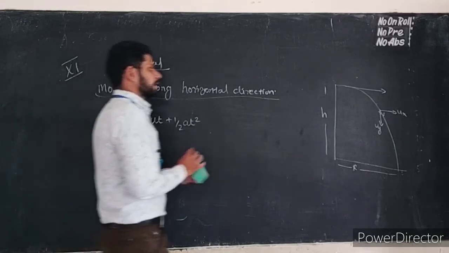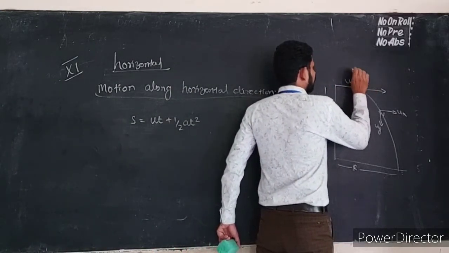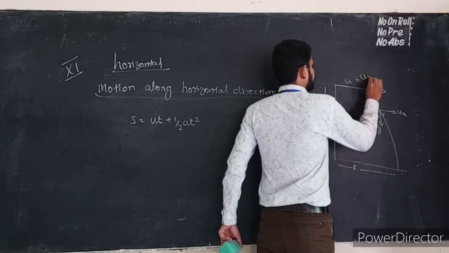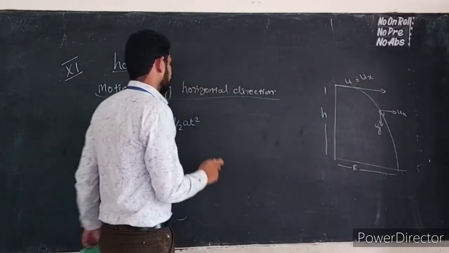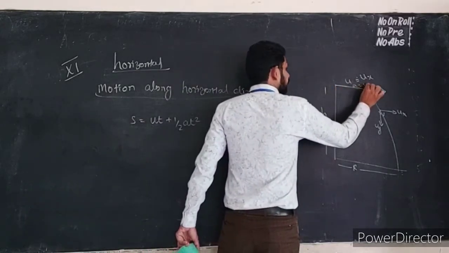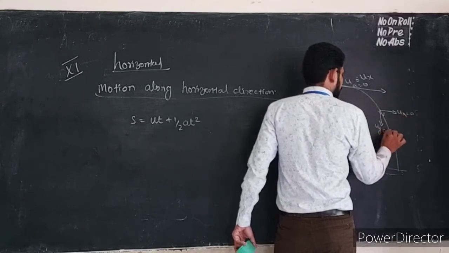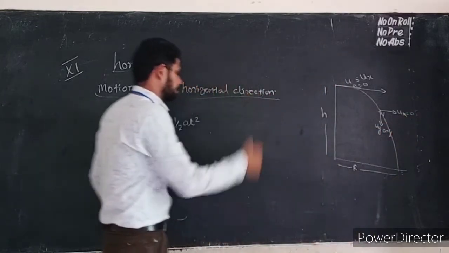Here, initially, the initial velocity u equal to ux. Here the acceleration will become 0 in the horizontal direction, and acceleration will be equal to g in the vertical motion.